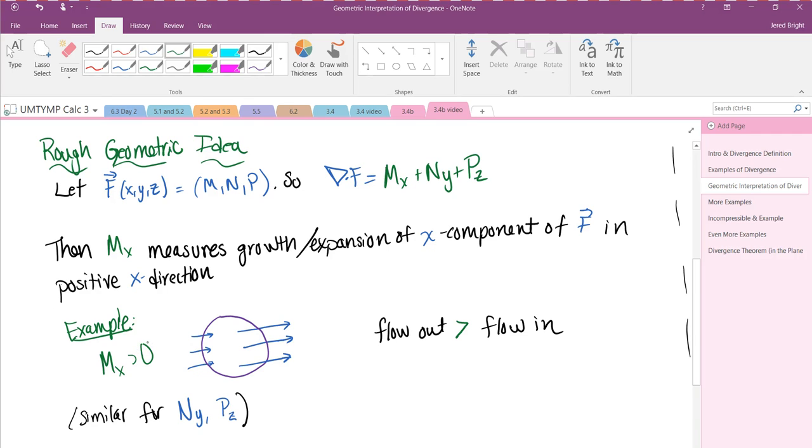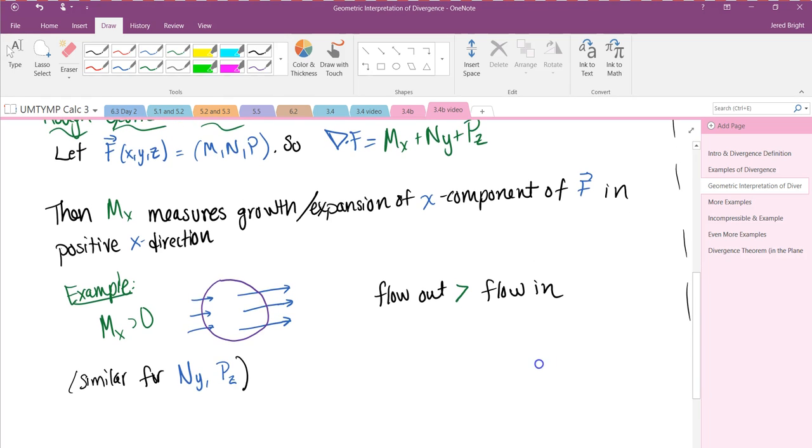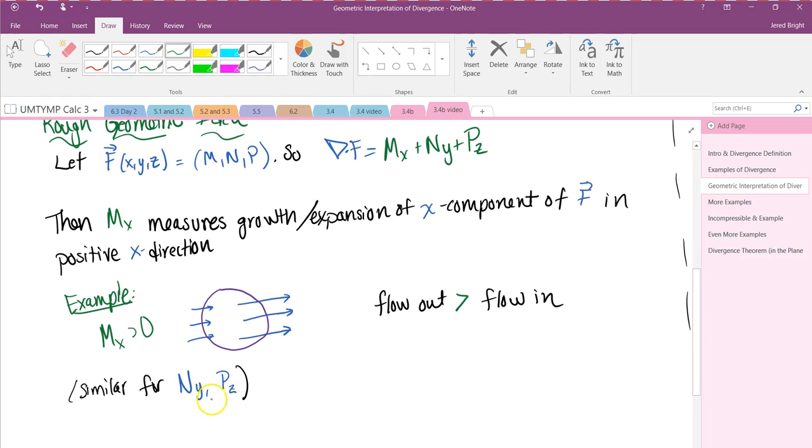Okay, and so at least that part's positive. We would have to look at ny and pz for sure before we make a judgment overall for the vector field and its divergence. But at least we have an idea. I'm not going to do it for ny and pz, but that's at least the idea.